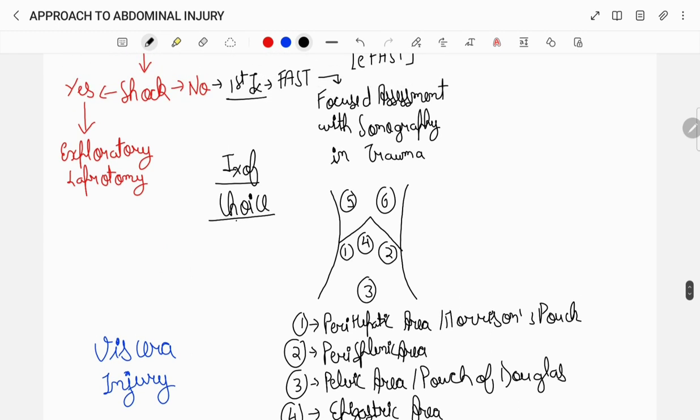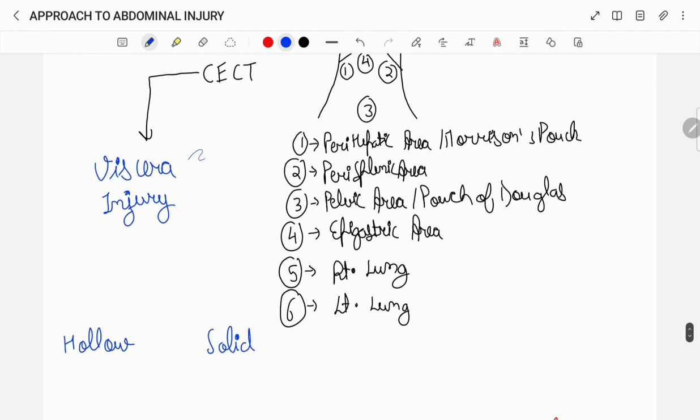Now, after performing EFAST, the next investigation, or the investigation of choice, is contrast enhanced CT scan. In CECT, what we look at is viscera injury. If there is no viscera injury, then we just observe the patient.